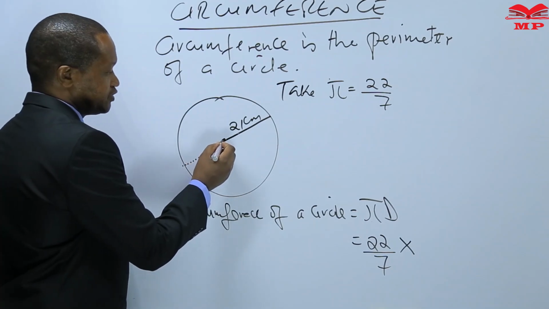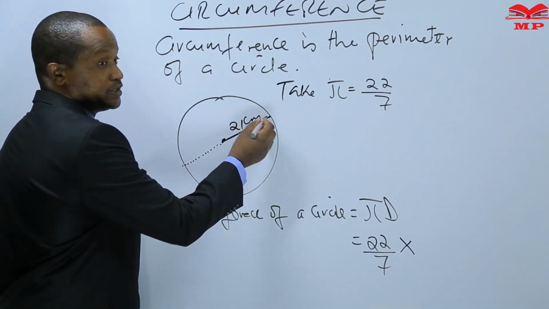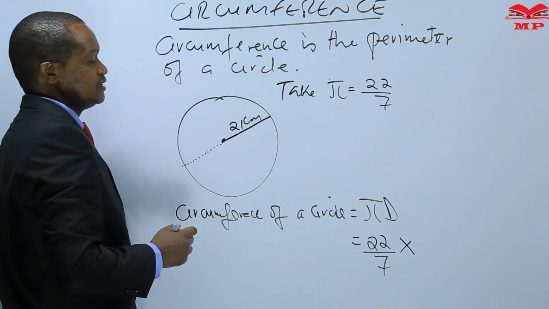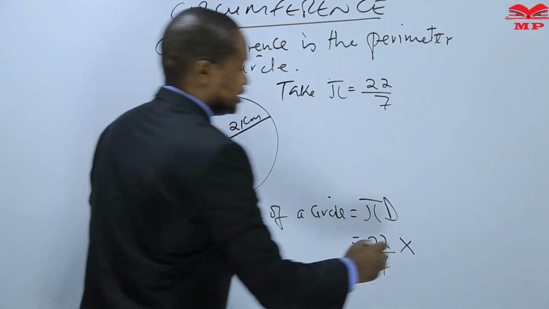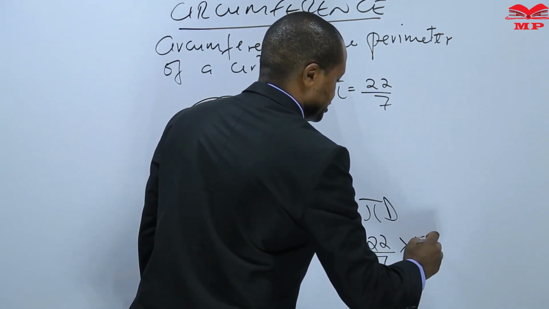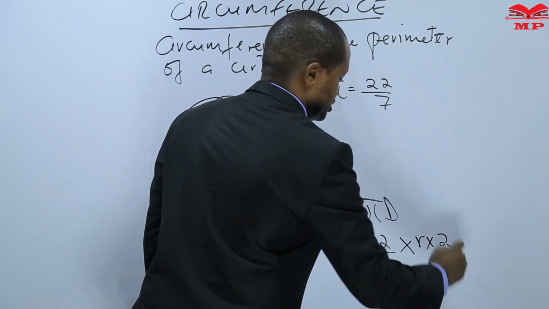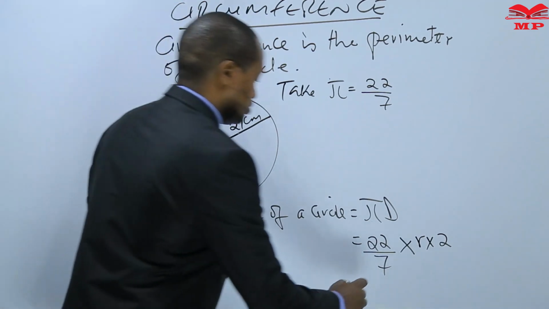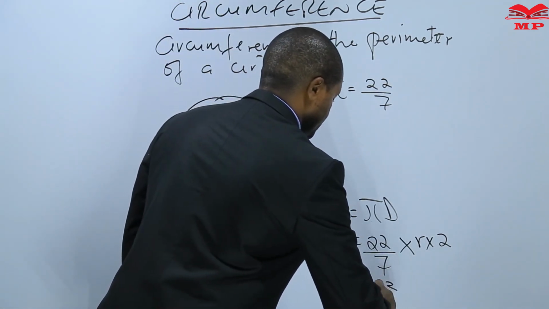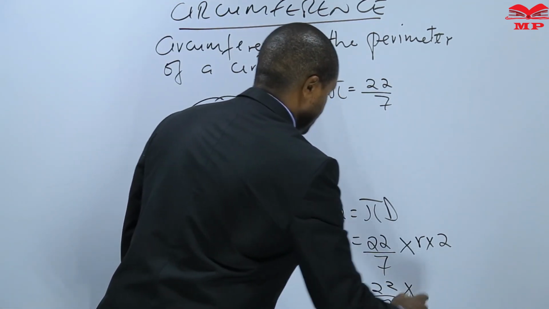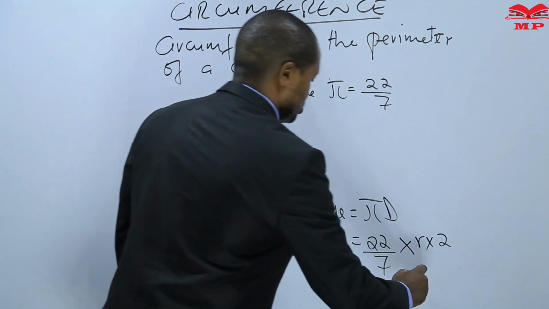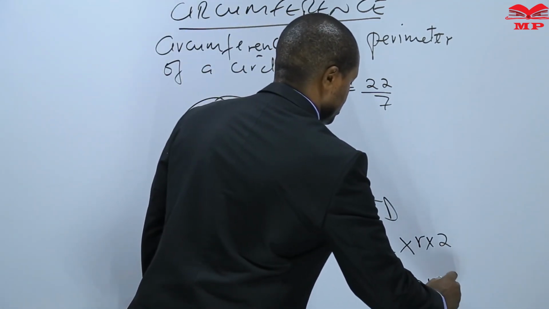So the diameter will be radius times 2, which is equal to 22/7 times the radius of 21 times 2.